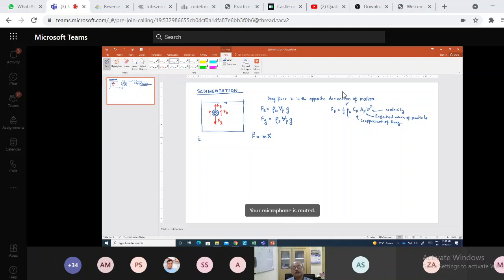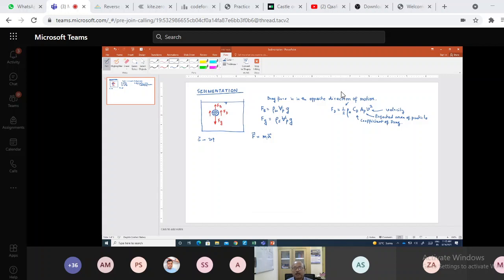As V increases, the force of drag also increases. So the more the velocity of the particle, the more the opposing force on the particle. At a certain point of time, the situation arrives where all the forces come into equilibrium.